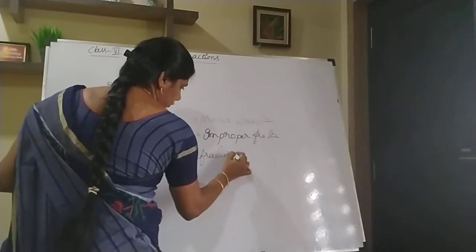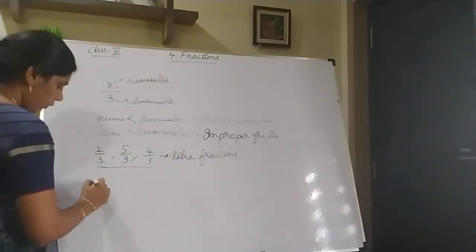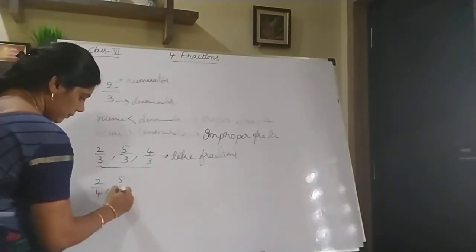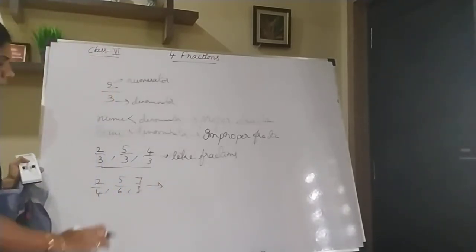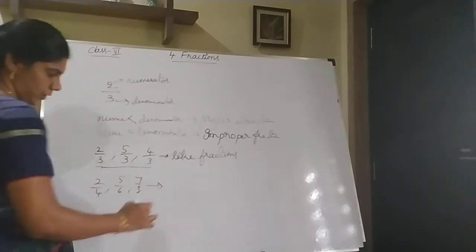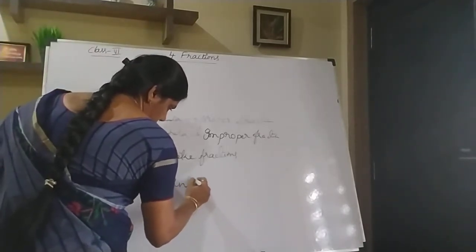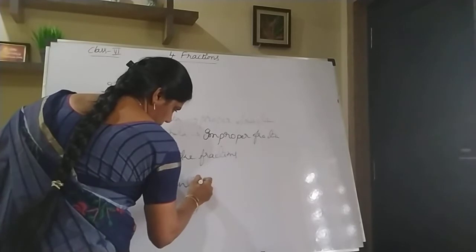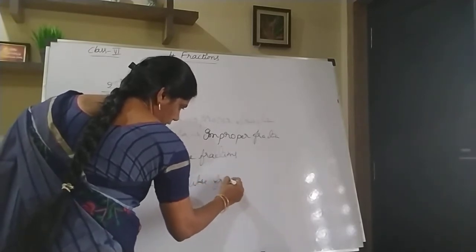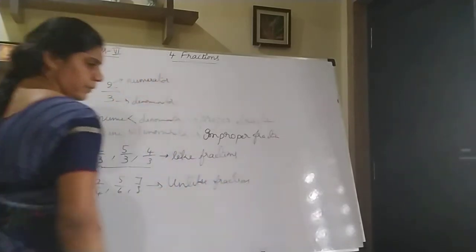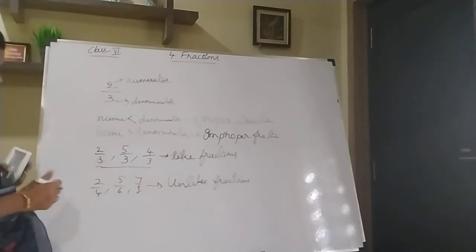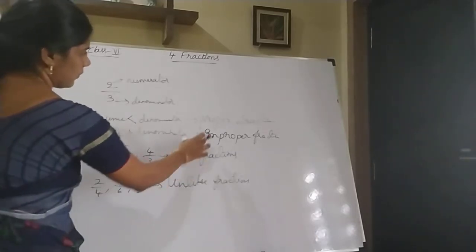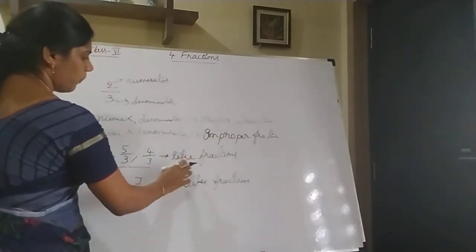If you have different denominators, then we call these type of fractions unlike fractions. Okay. Understanding the difference here? So you learned all these things in your previous class. Just I am reminding all these things. Okay. Now we learned about proper, improper, like and unlike.